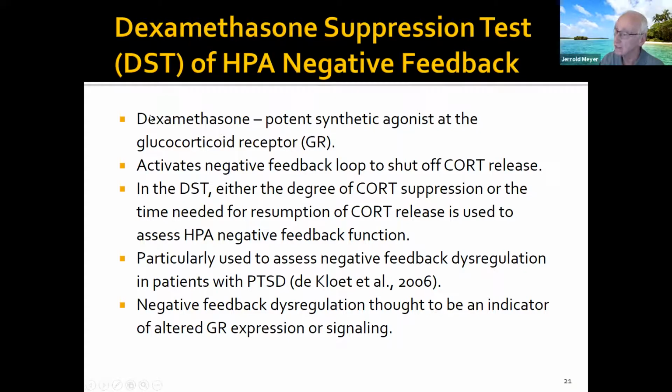Anyway, it's used medically. It's a very powerful anti-inflammatory drug, so it is used medically for that purpose. The important thing here is that it activates the negative feedback loop, again at the level of the pituitary gland.